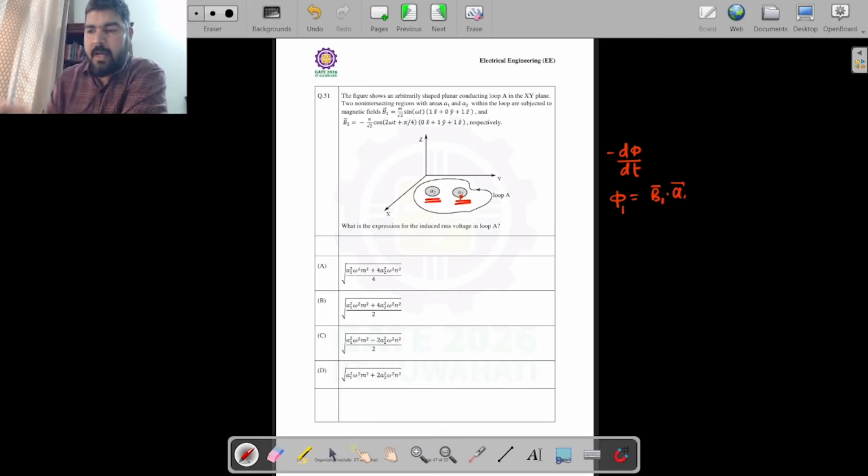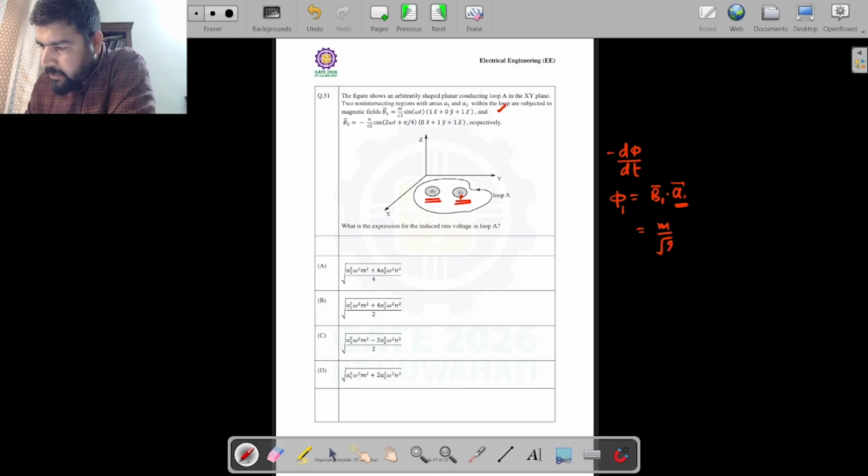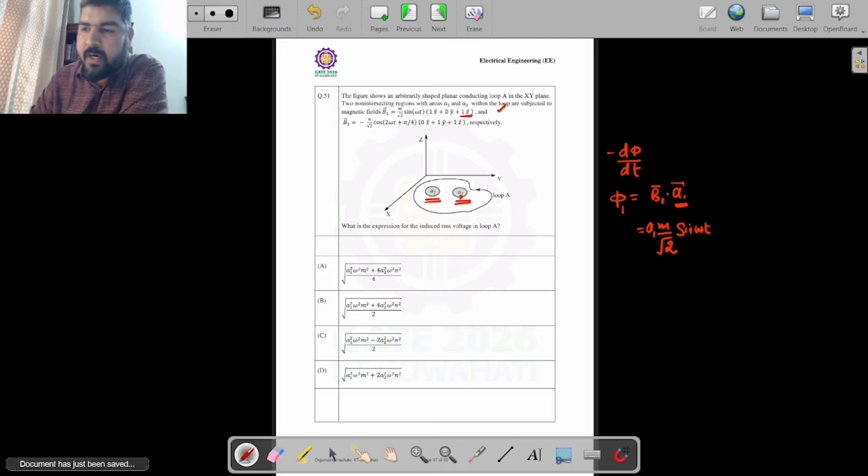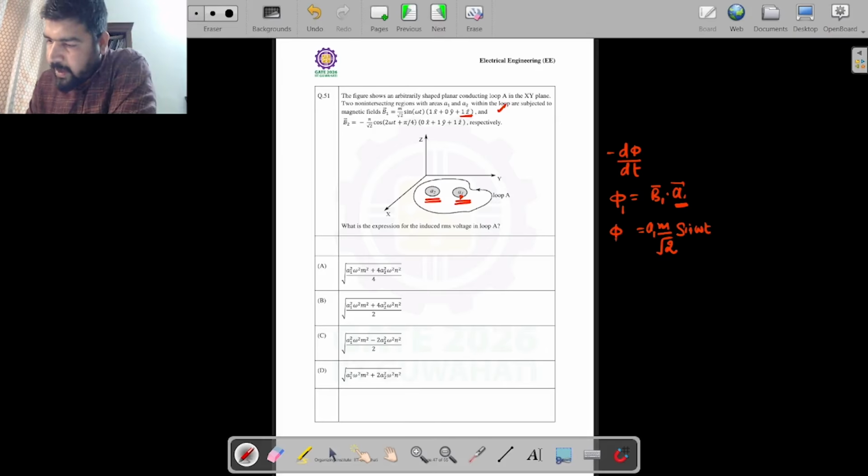So the area is in the k cap direction. If you take the dot product of this B1 with the k cap, you will get M by root 2 sine of omega t into area A1. Since A1 is in the k cap direction, only this component will give the dot product, and this is also k cap, so k cap dot k cap is 1. Okay, so this will be my phi 1.